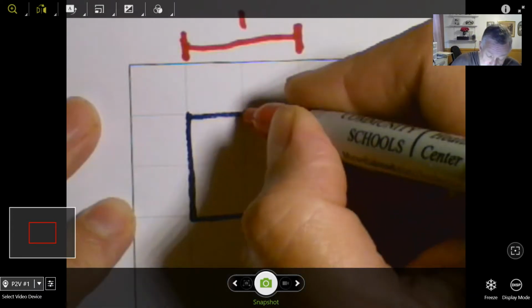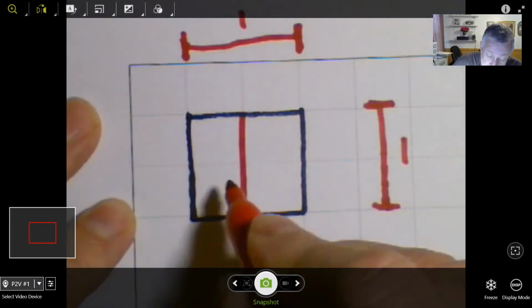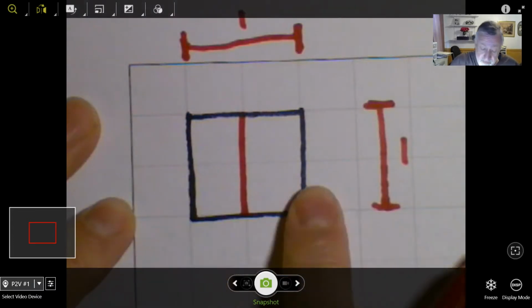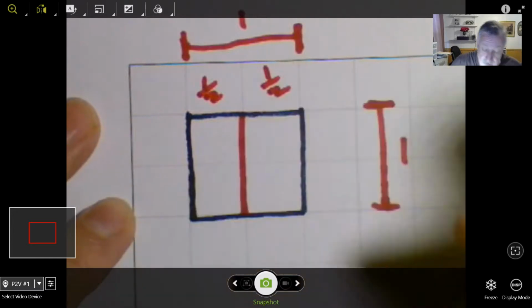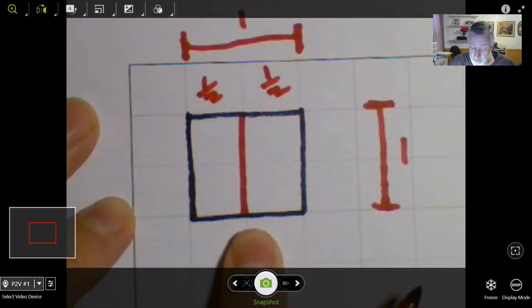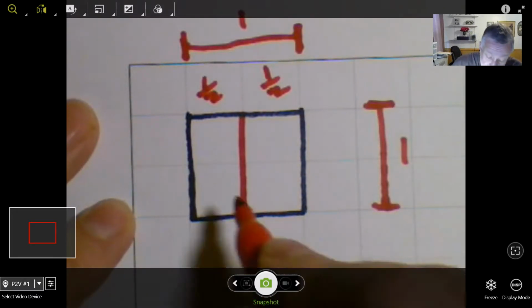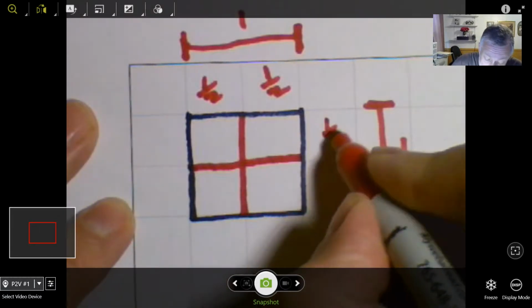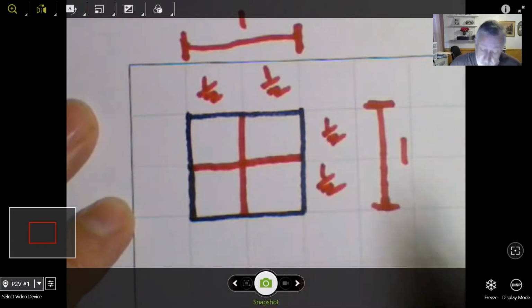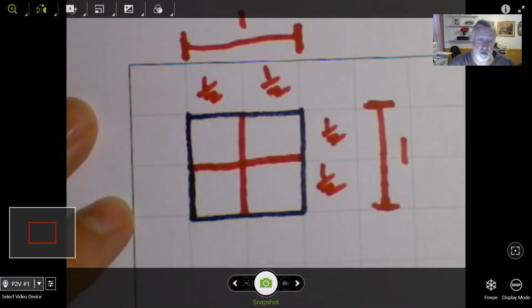When I draw these lines, what I've just done is divide it in half. So I have half a square right here. And if I draw a line right here, I've also divided it in half both of these ways. Go ahead and do that on your papers, please.